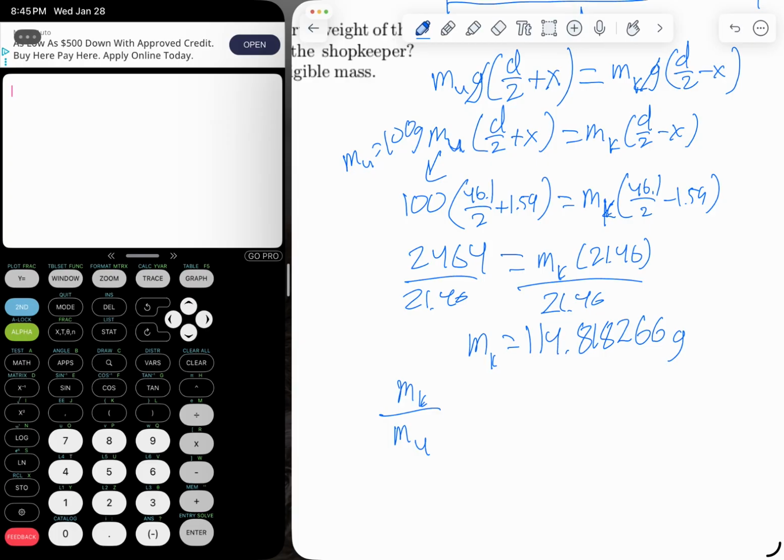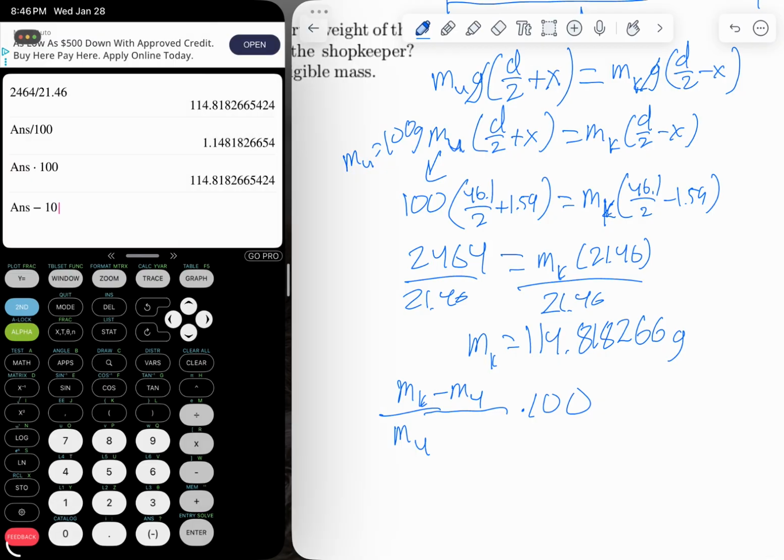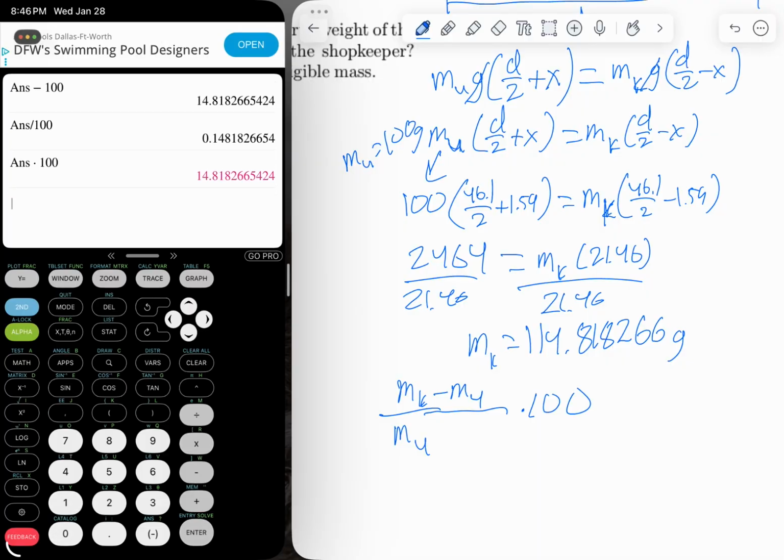I guess you subtract known mass minus unknown mass. Because it's 14% more, multiplied by 100, that is your percent that you're getting ripped off by. So if I do that minus 100, then that's my answer that I'll put in the quest.